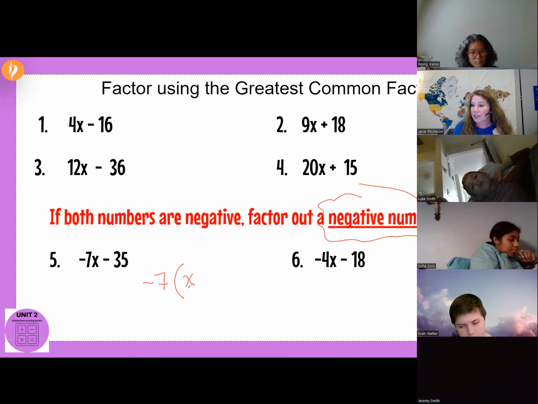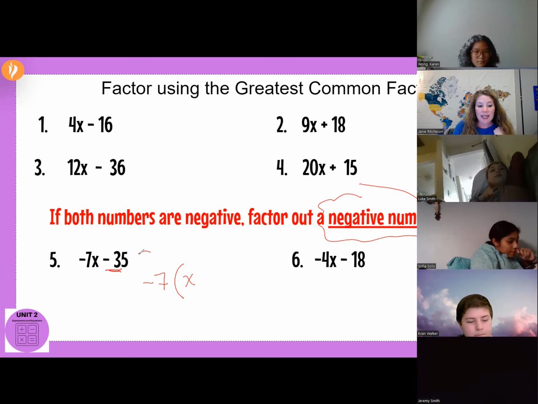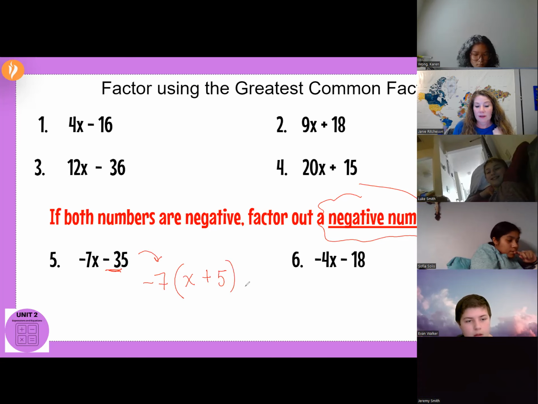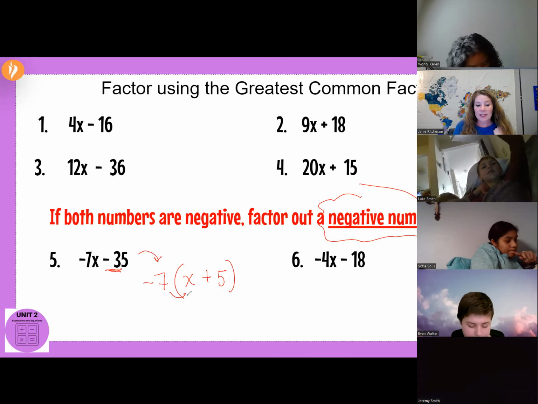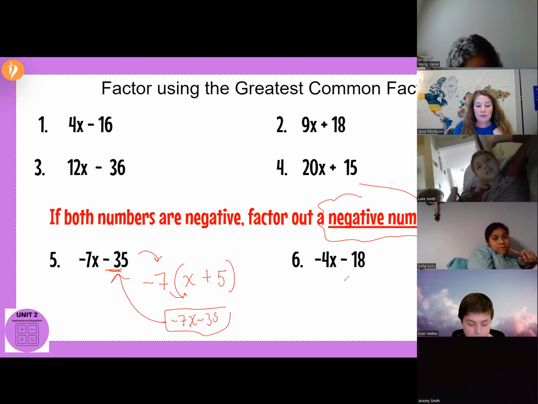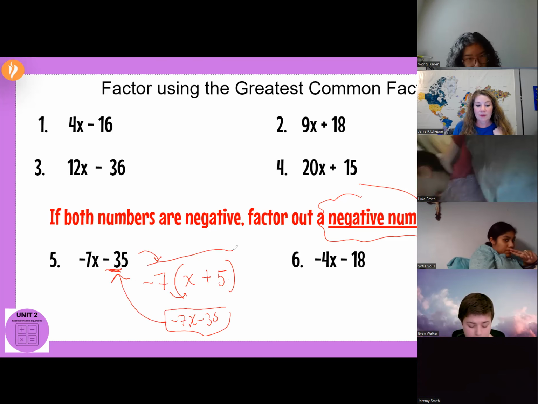A negative divided by a negative is a positive. And negative 35 divided by negative 7 is positive 5. Then if you distributed that, negative 7 times x and negative 7 times 5, you would get back what we started with. That's the answer right here.